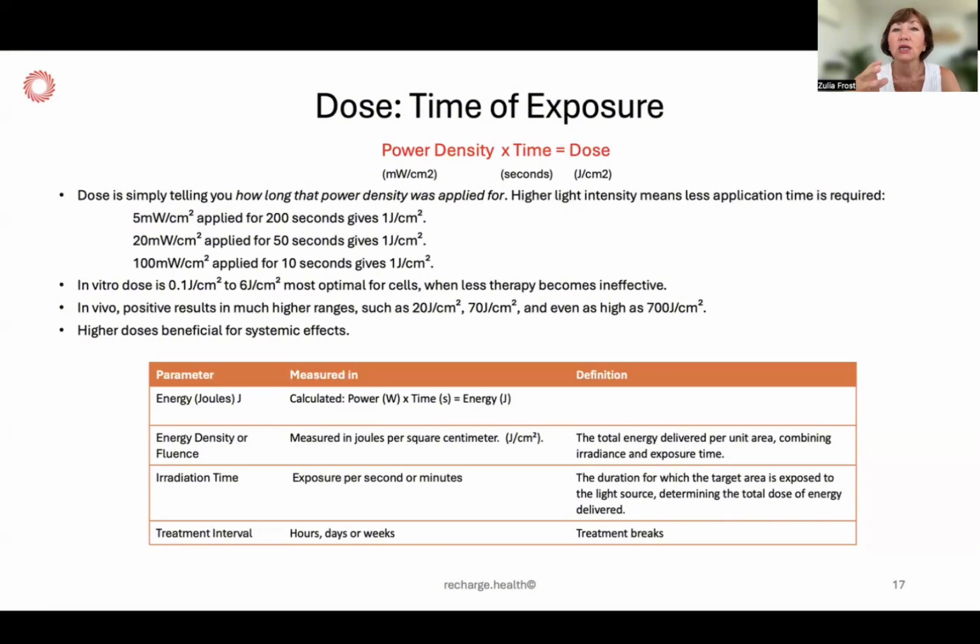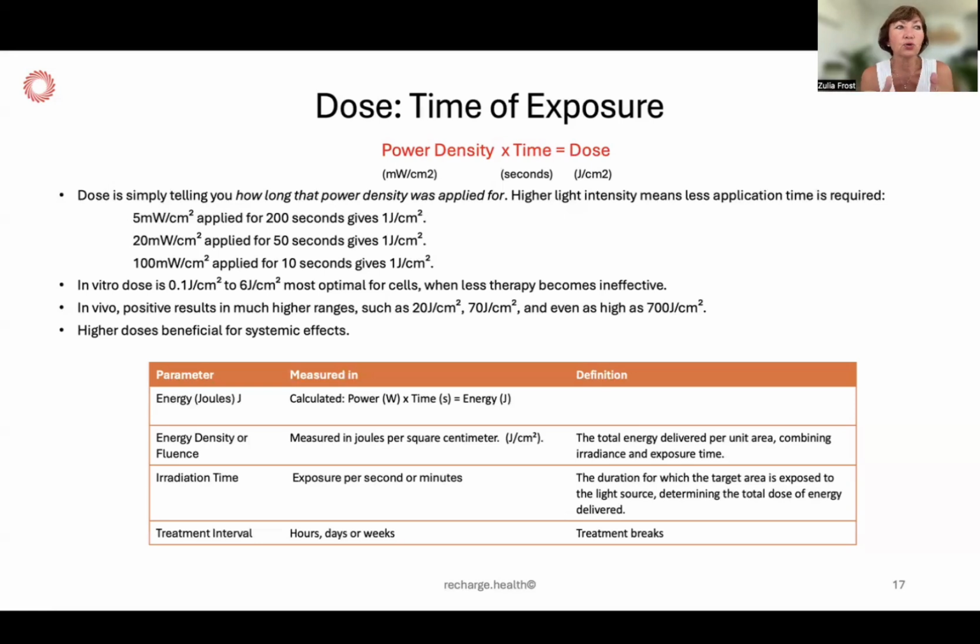That's going to give you 60 joules per centimeter square in infrared, and with 50 milliwatt per centimeter square in red for 10 minutes, it will give you 30 joules per centimeter square.